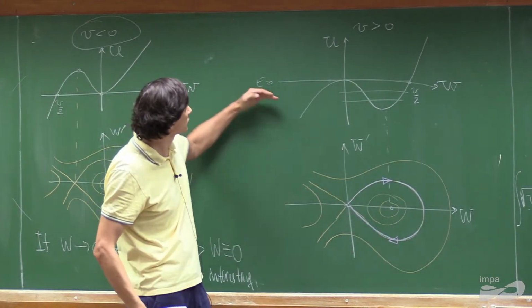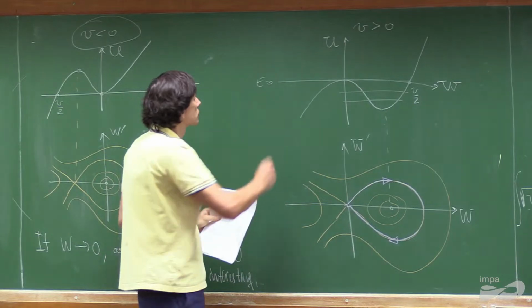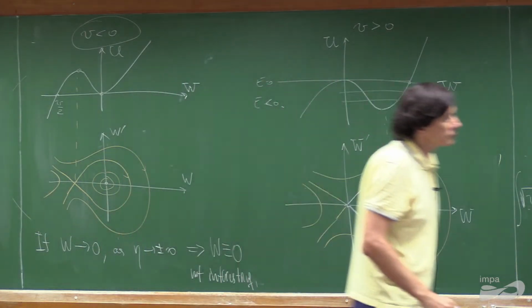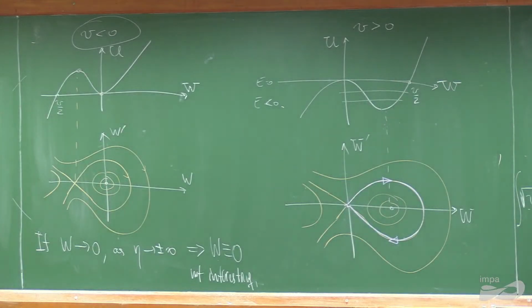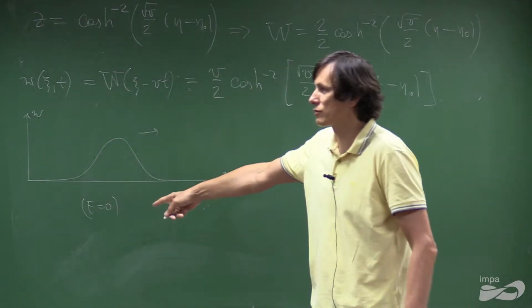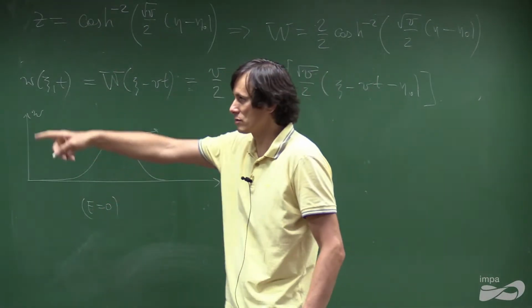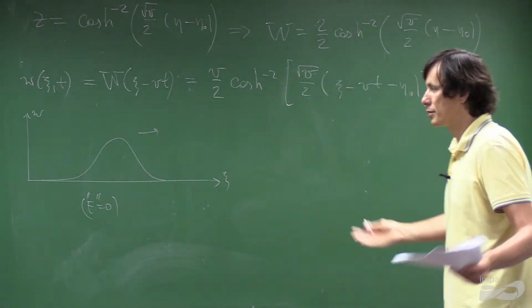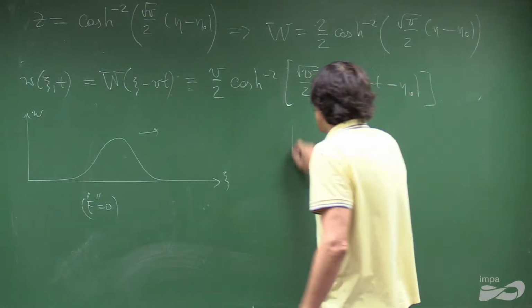But if you consider negative energy solutions, so this is energy equals 0. That's energy, it's not really energy, right? It's just what we call energy through the analogy between the two equations.